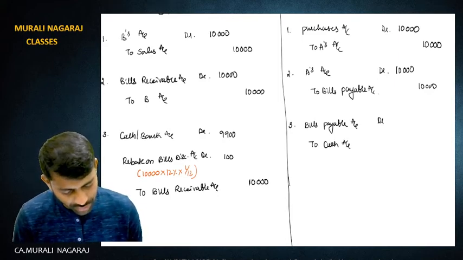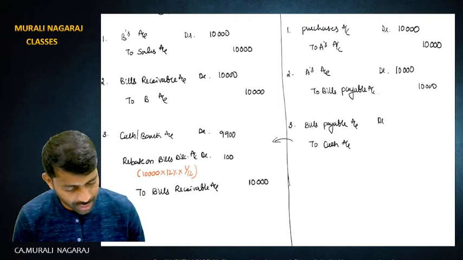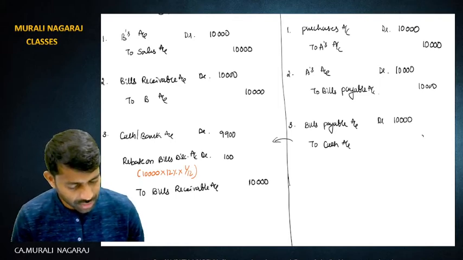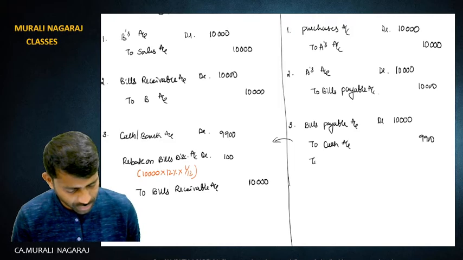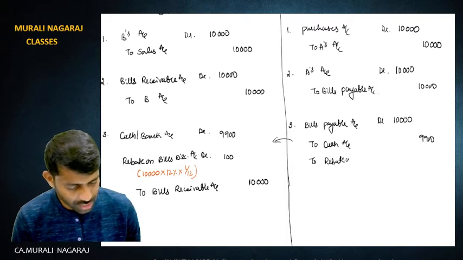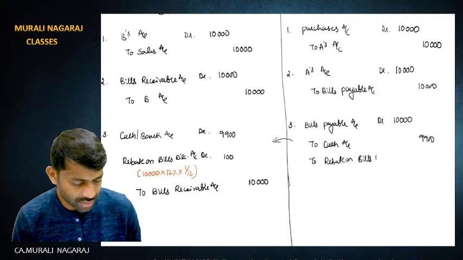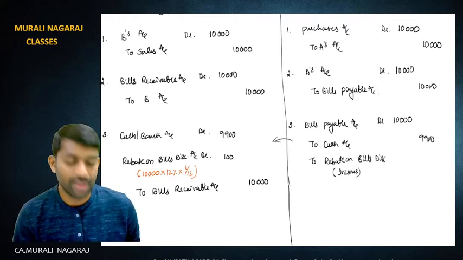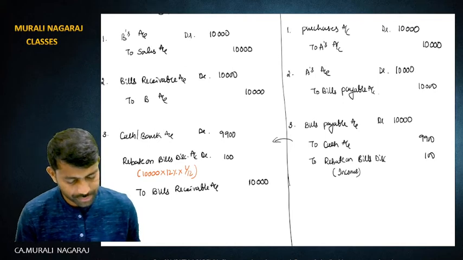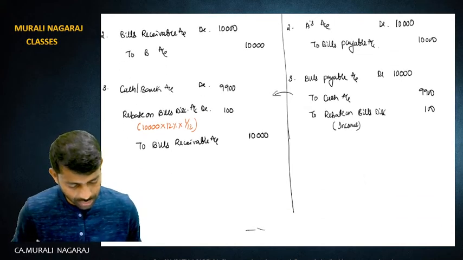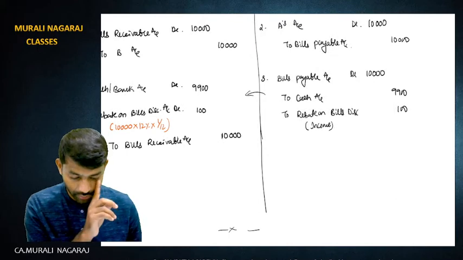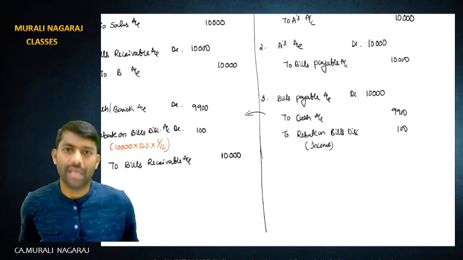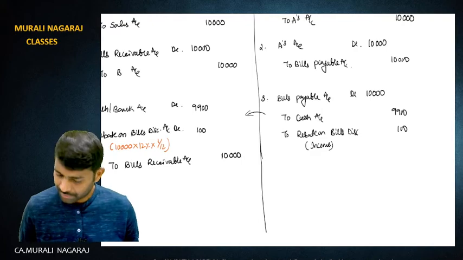The cash amount we have already calculated, therefore I am copying the amount directly. The bill is 10,000, but we are paying 9,900, to rebate on bills discount, which is income, which is nothing but discount received, 100 rupees. So this is the entry in the books of the acceptance giver.